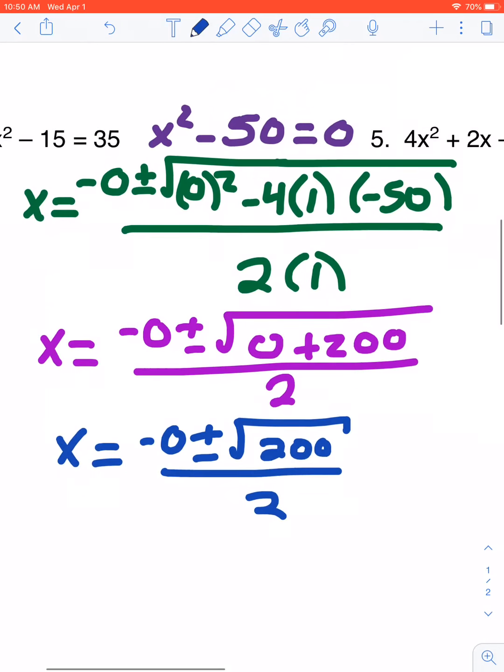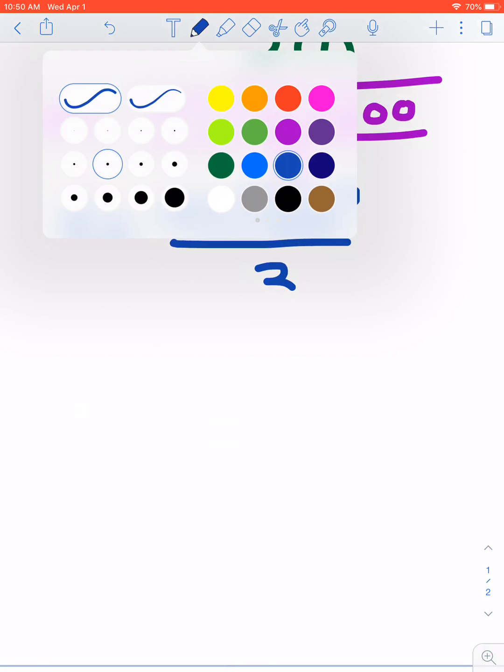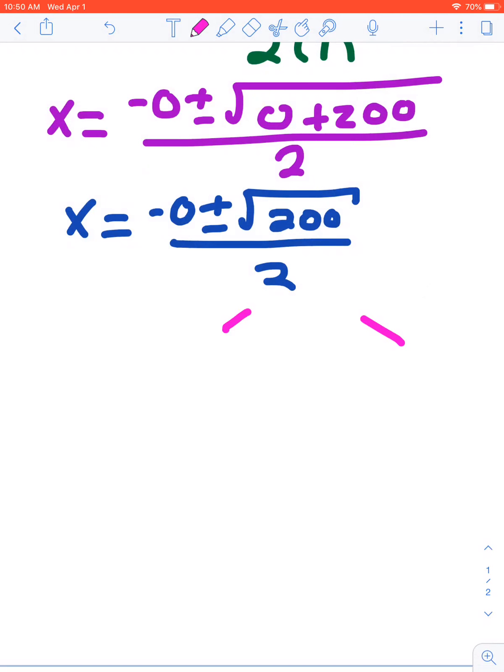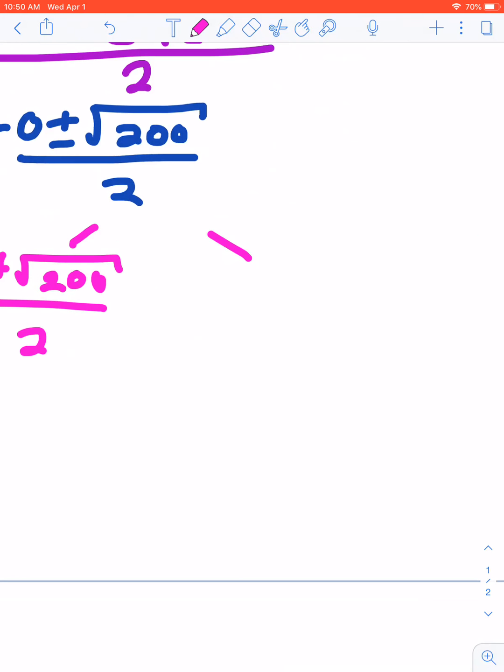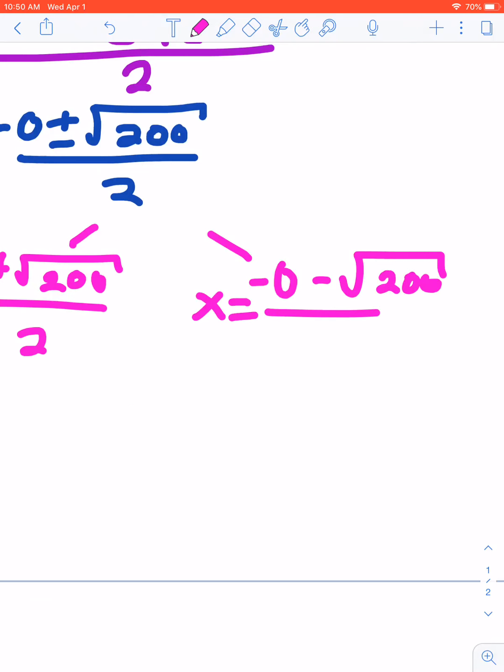And then just like before, I'm going to separate this into 2 parts because on all the other ones I've gotten 2 answers and this is no different. So x equals negative 0 plus the square root of 200 over 2 and x equals negative 0 minus the square root of 200 over 2.